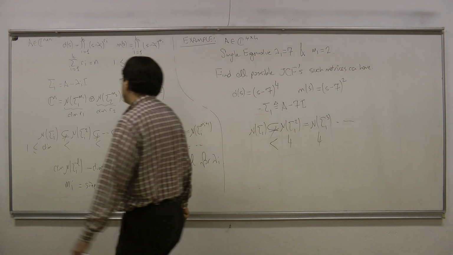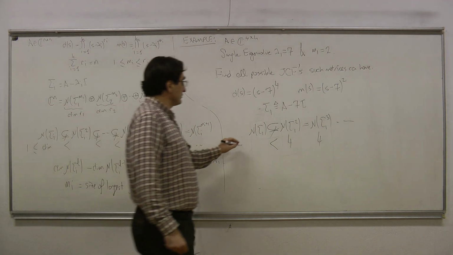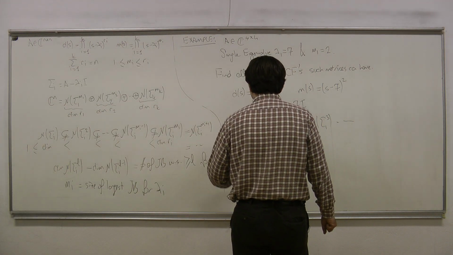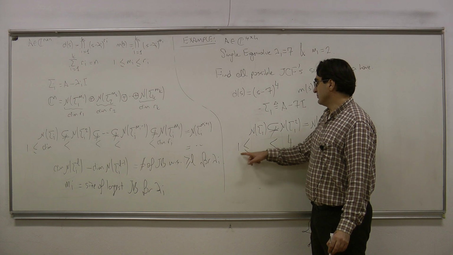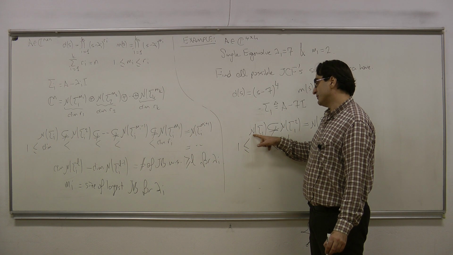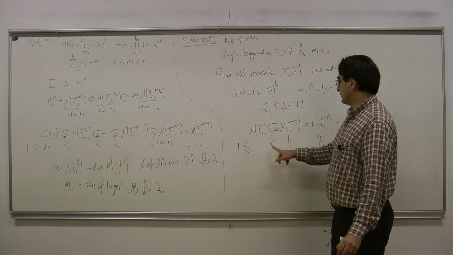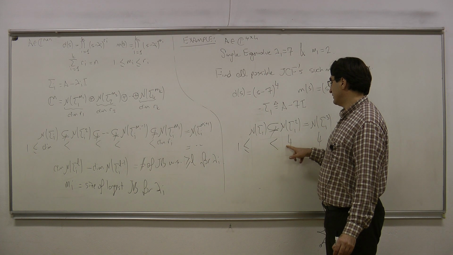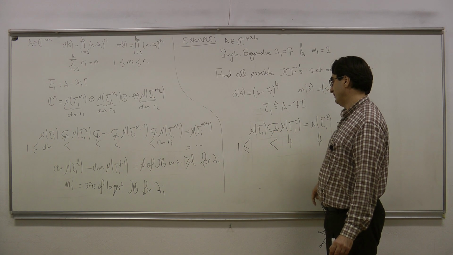Actually, that dimension will also be larger than or equal to 1, because every eigenvalue should have at least one linearly independent eigenvector. That means the dimension of this null space, this eigenspace, is always larger than or equal to 1. And there should be a strict inequality here, because there is a strict growth from this null space to the other one.